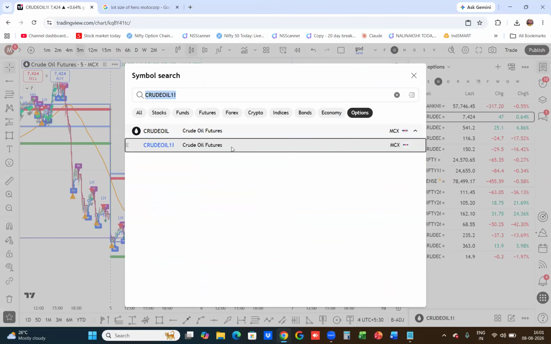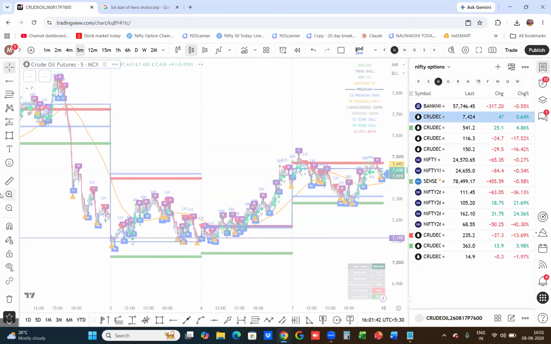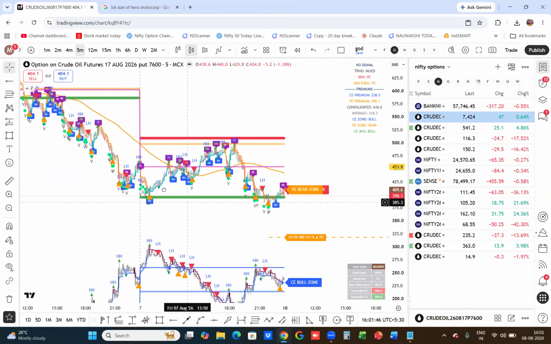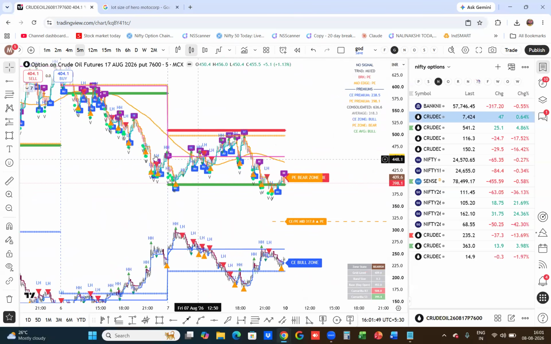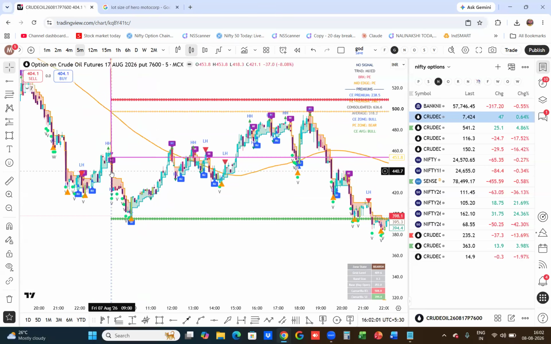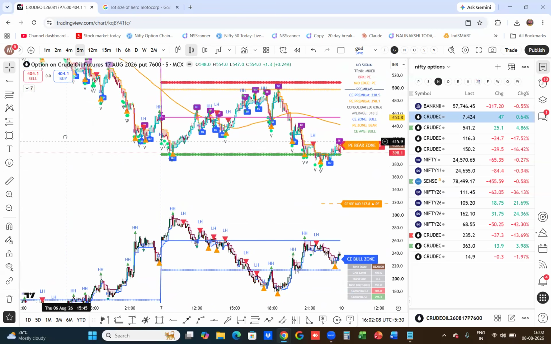Let us select the 7,600 put option and see how it behaves. It had come down. You are getting support over here from the Camarilla pivot. You are entering here and booking your profit here. That is the resistance over here.